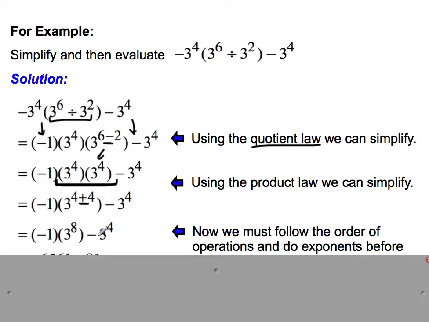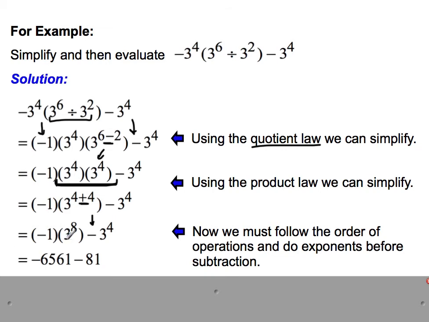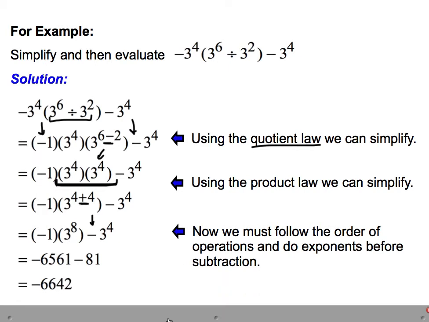And now I can't do anything with these two powers because a subtraction sign separates them. Now I have to go to the order of operations. So 3 to the power of 8 times negative 1 is 6,561. And that minus 81 will give you negative 6,642. Okay? There's a lot going on. This is a pretty difficult question.